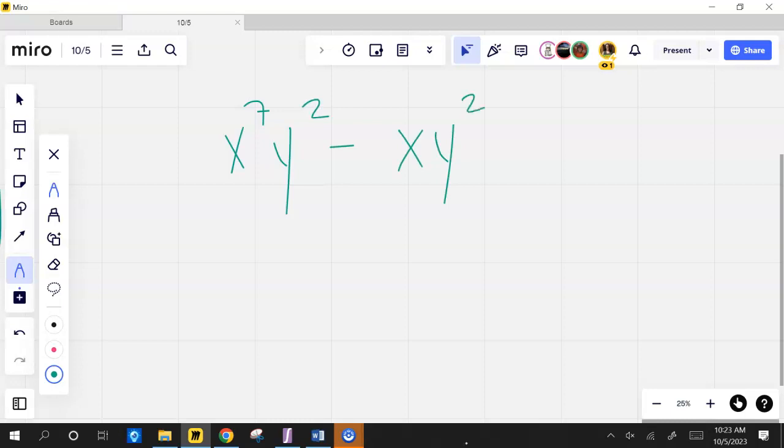Factor that completely. I'm going to give you a second. Try it on your own, and then we'll do it together. You don't have any like terms right now.